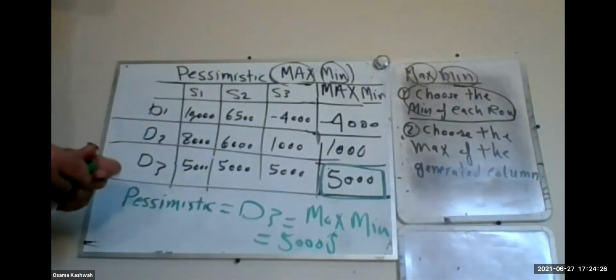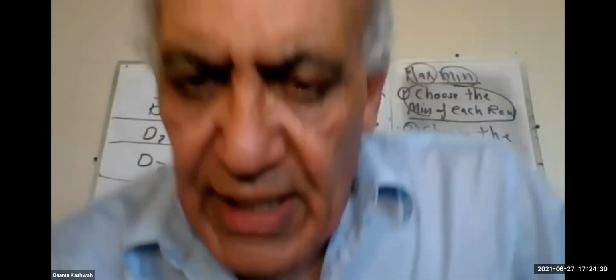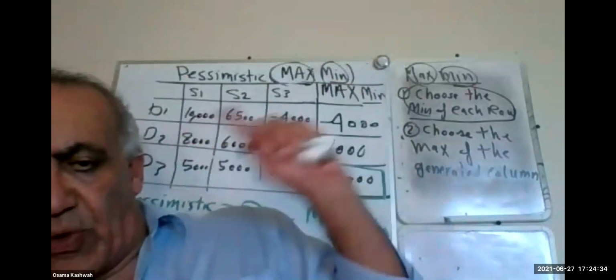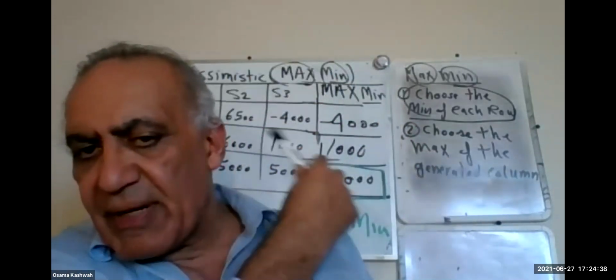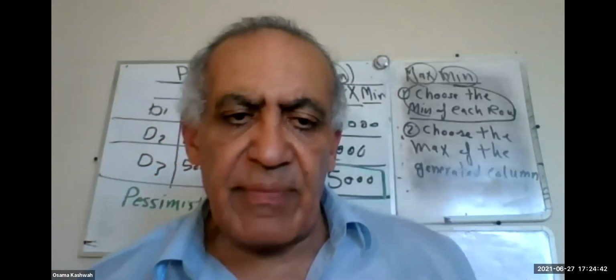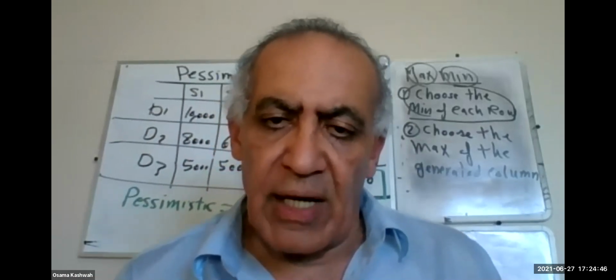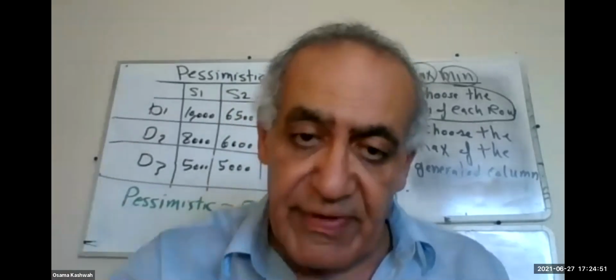Again, we choose the minimum of each row, like here behind me, then after that we choose the maximum number generated in that column. The decision will be D3 because this is the max of the min.